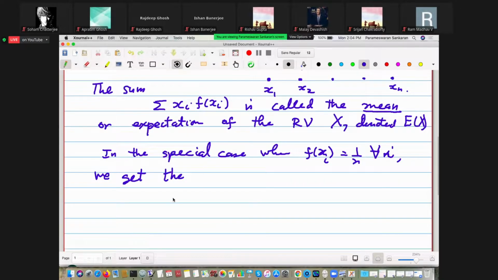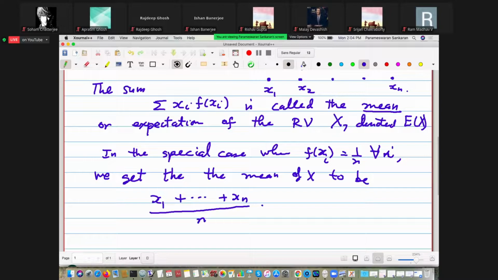We get the mean of X to be the average, (x1 plus ... plus xn) by n.